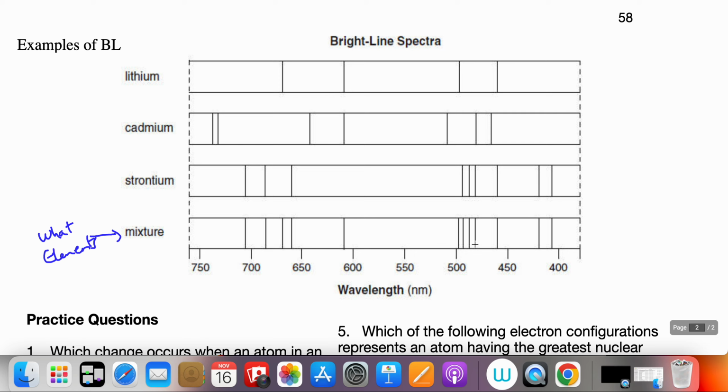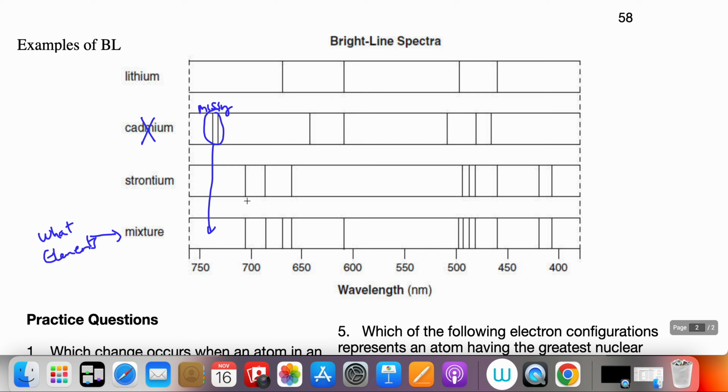The element is present in the mixture if all of its lines are there. So when you take a look at cadmium, you see these two lines here, and you look down here in the mixture, these are missing. So we don't have to look at any of the other cadmium bright lines because these two are missing. We know cadmium is not in that mixture.